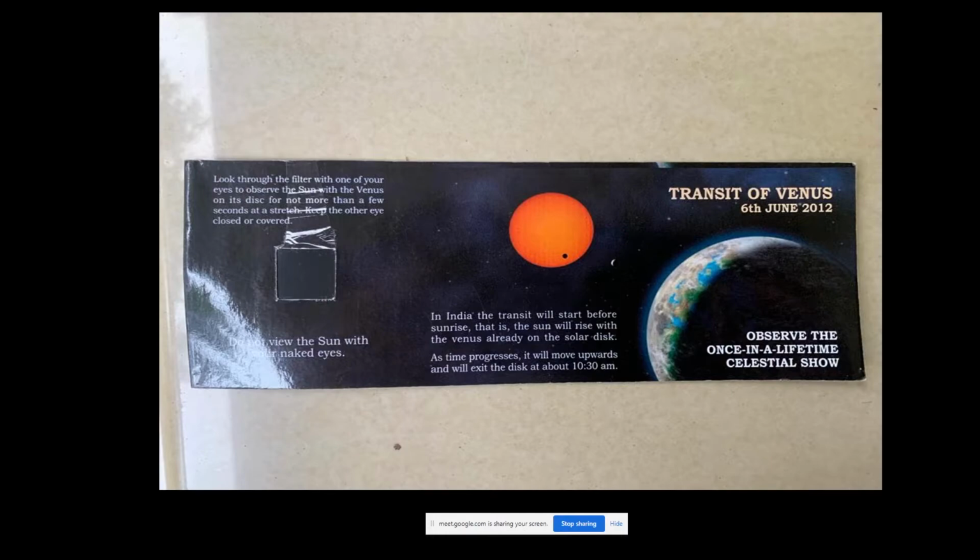This solar filter was used during the transit of Venus on June 6, 2012. Here you see the filter, a small area filter. All of these are cardboards and advertisements, or descriptions about how to look and how to watch.